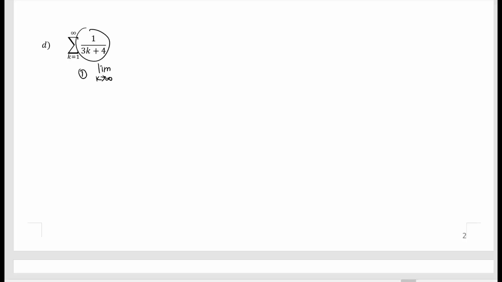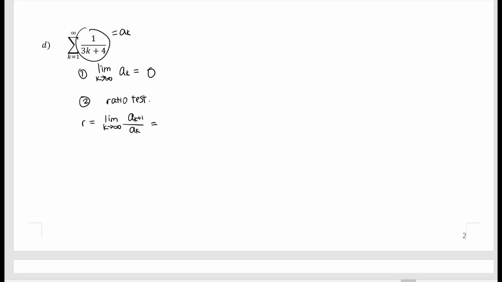Okay, so for this problem, first step, we compute the limit of a sub k. We have a constant numerator and a denominator going to infinity, so the answer is 0. And then second step, if we use the ratio test, we get r is the limit as k goes to infinity of a sub k plus 1 over a sub k.